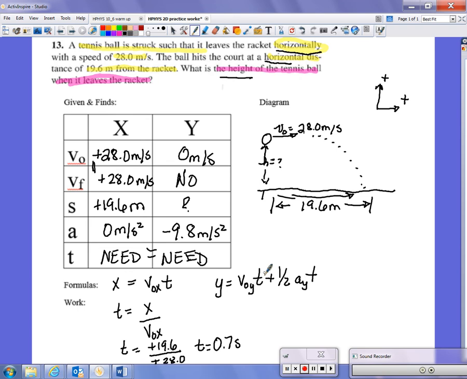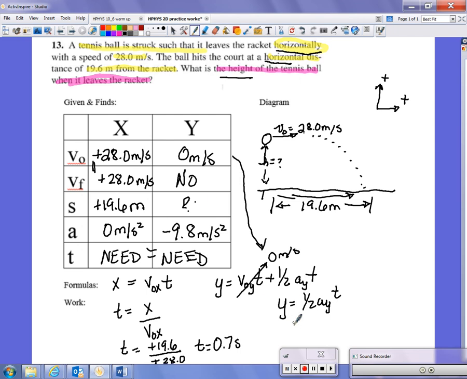Now we take that and place it back up into here. My initial y velocity is 0 meters per second, so I don't have to worry about that. So this formula becomes y equals 1/2 a sub y t squared. I am trying to find the y displacement. This is what I am trying to find.